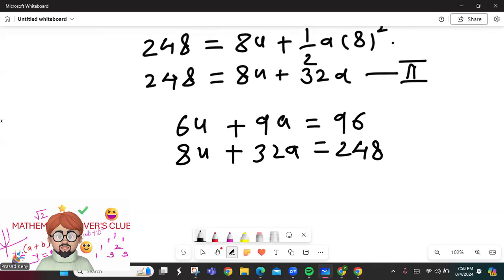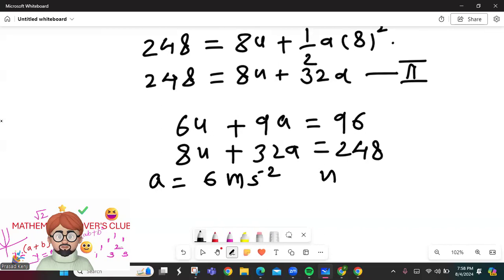Now if you solve this simultaneously, you get a as 6 meter per second square. So the constant acceleration of the car is 6 meter per second square.